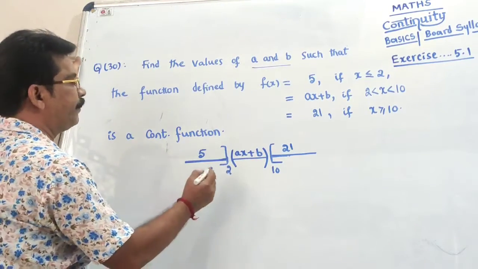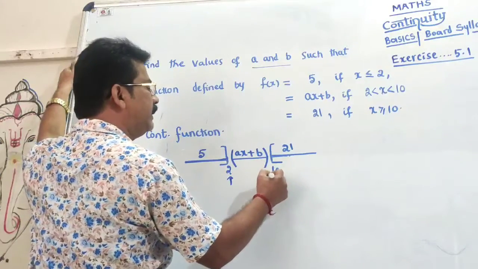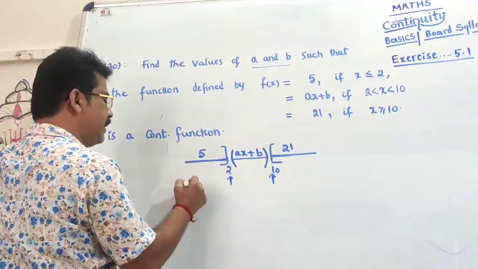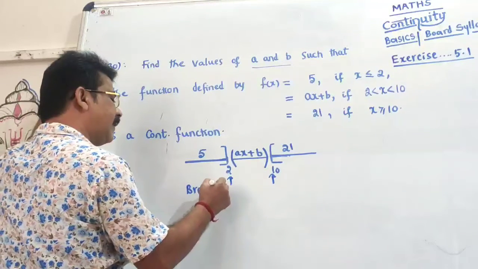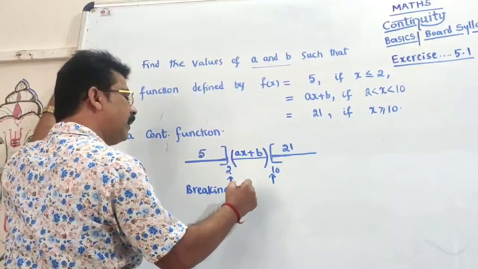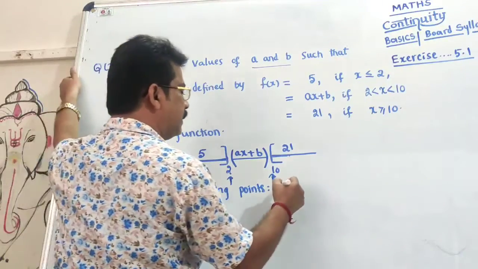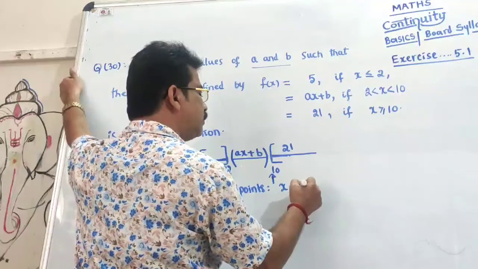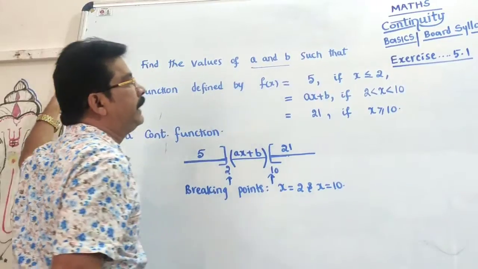Okay, breaking points are 2 and 10. So clearly the breaking points are x equal to 2 and x equal to 10.